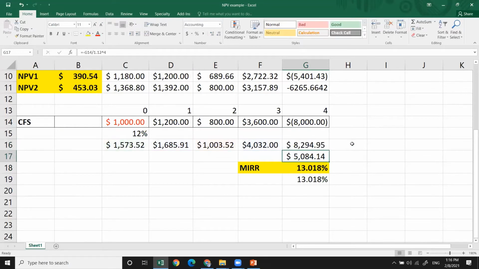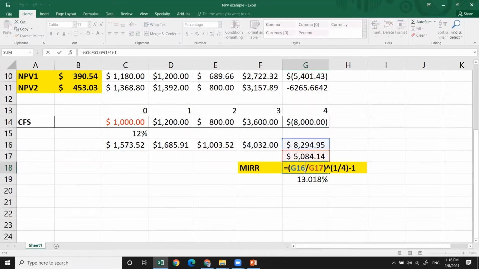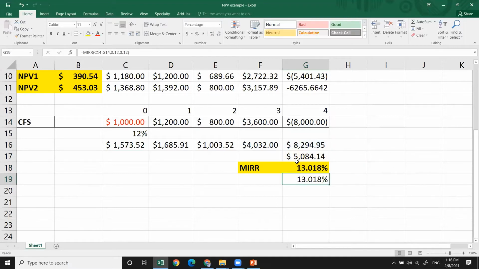What we did was divide the compounded amount by the discounted amount, raise it to the power of 1 over the length of the life of the project, and subtract 1. That gave us the MIRR. This is what we did so far.